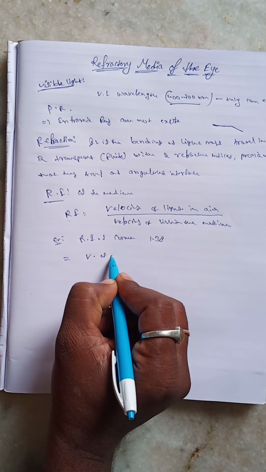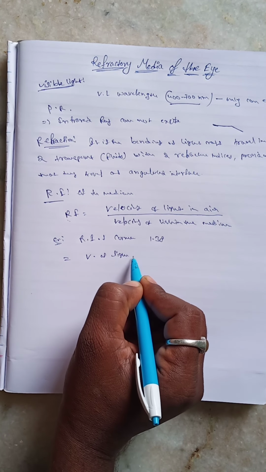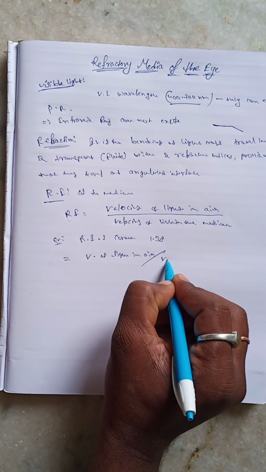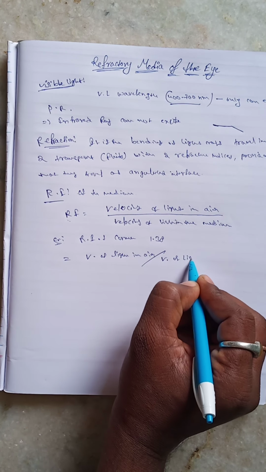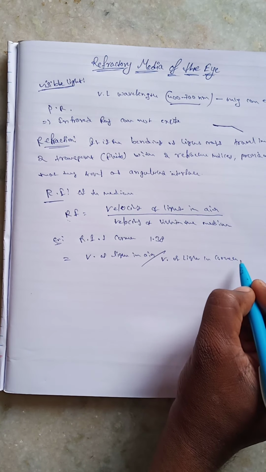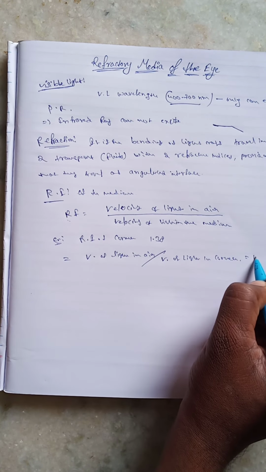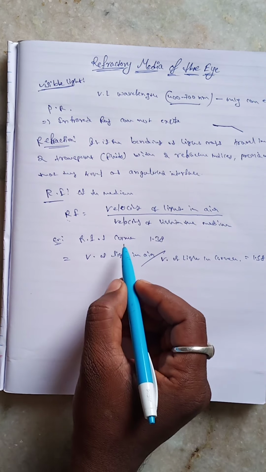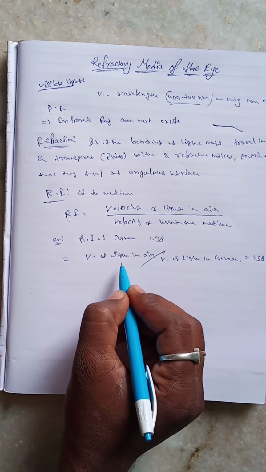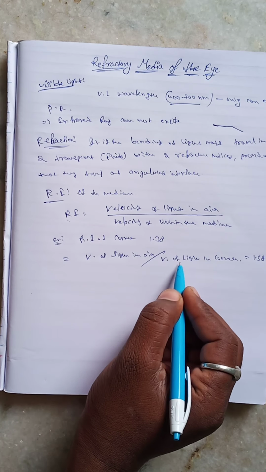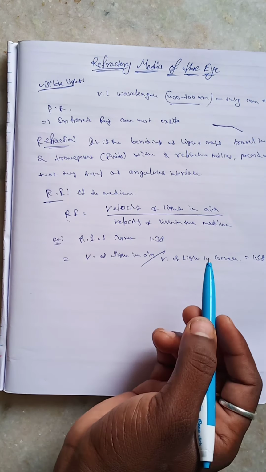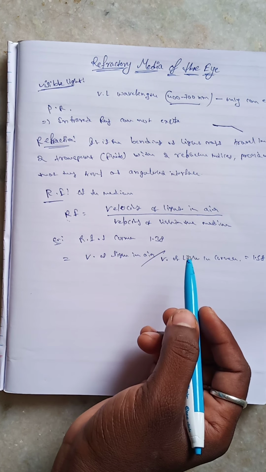Velocity of light in air divided by velocity of light in the cornea equals 1.38. That is the formula of the refractive index of a refractive medium.